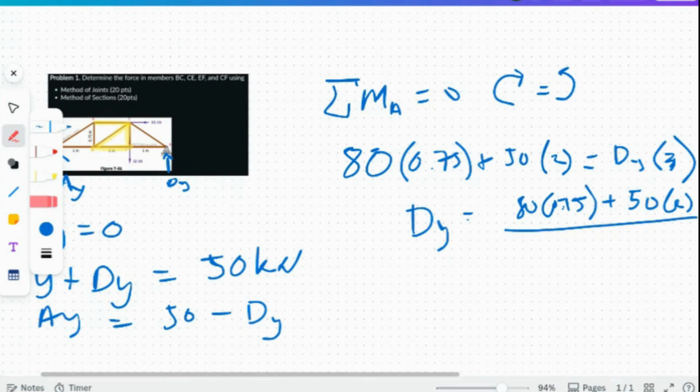That's the trick. Okay, DY, in this case, if you solve that, you'll have 53.33.